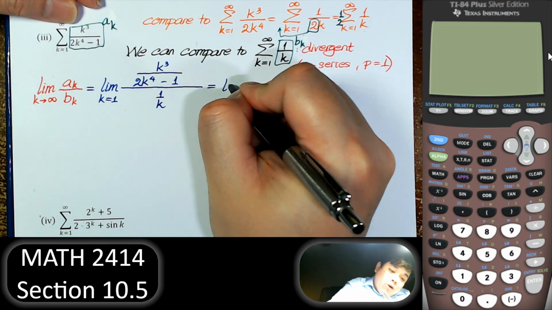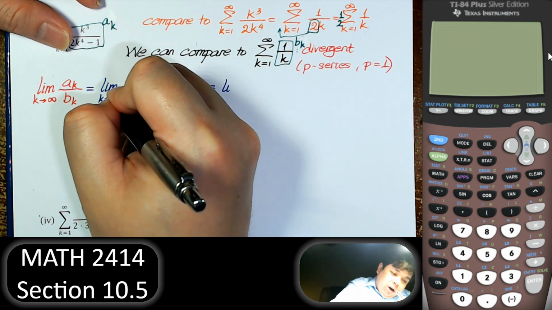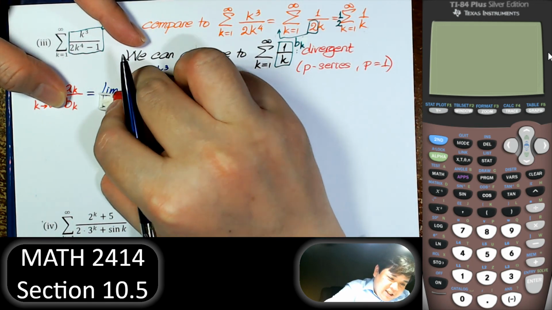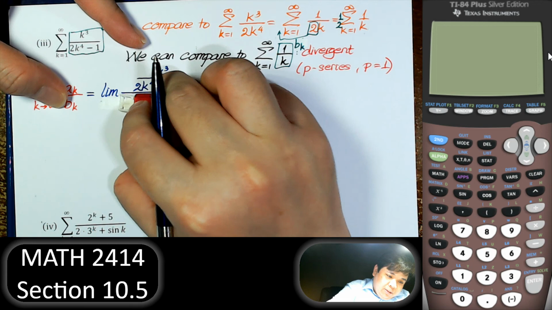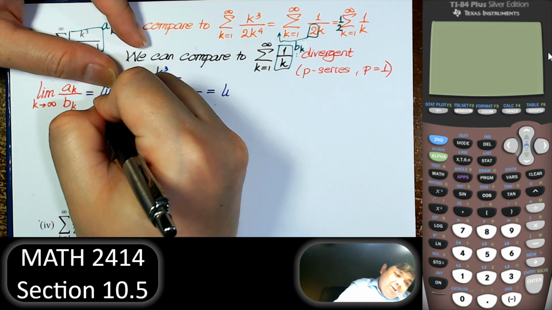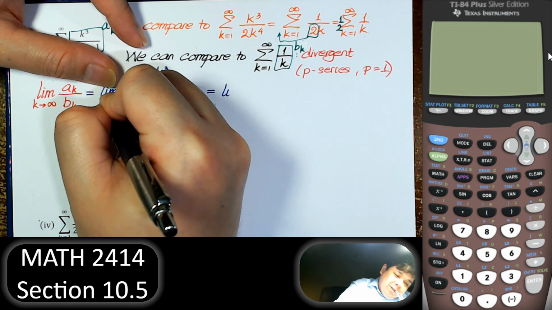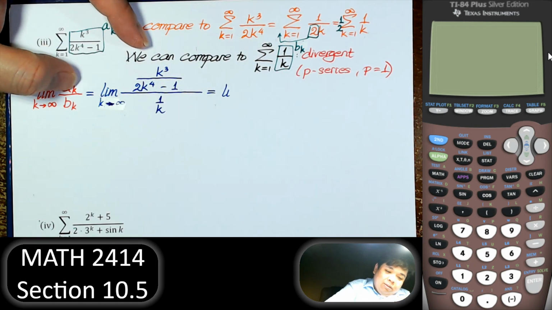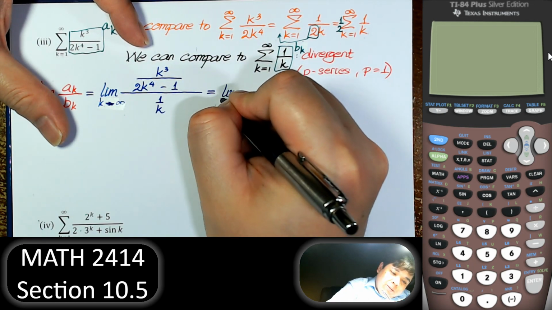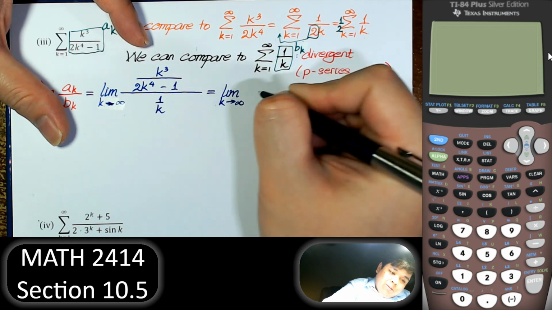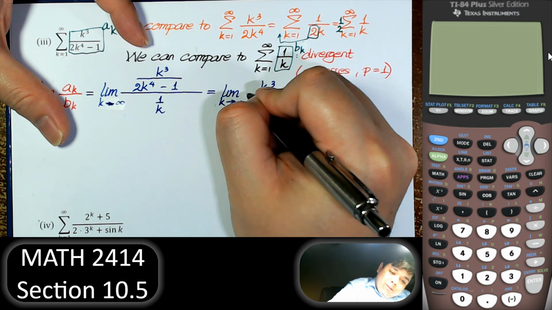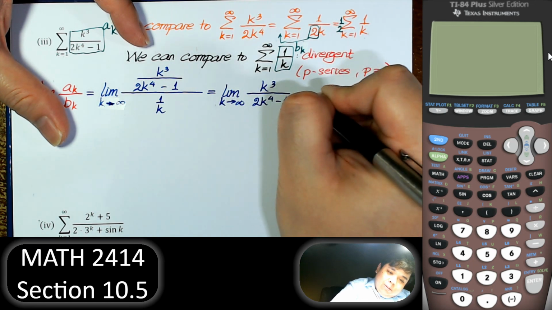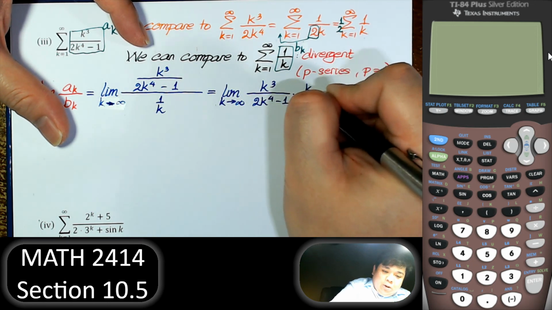Divide fraction is multiplied by the reciprocal. I don't know why I write like that. Multiply by the reciprocal.